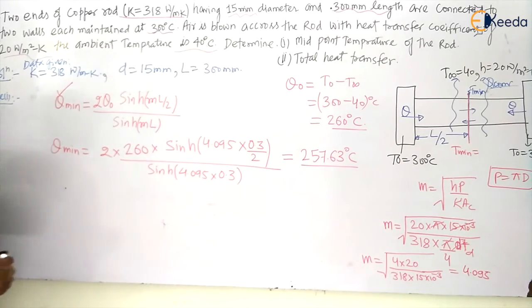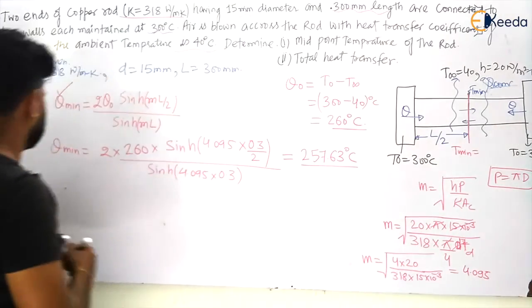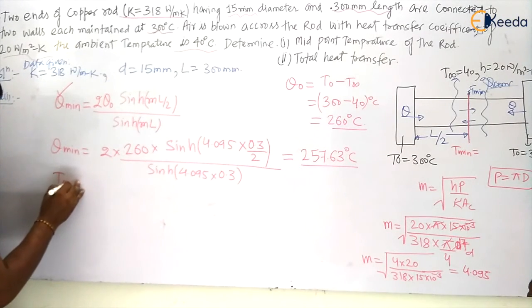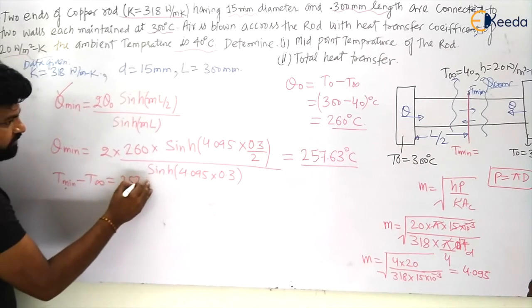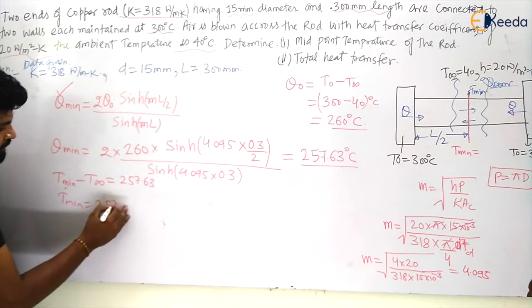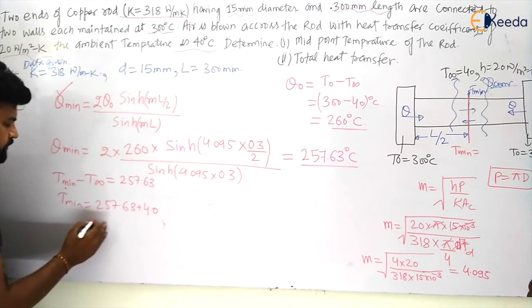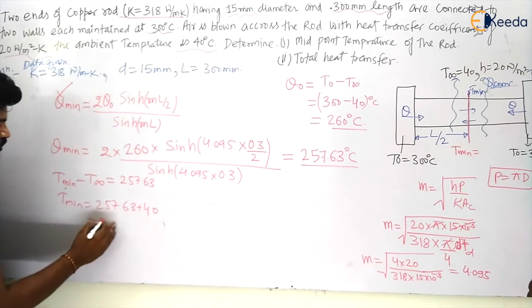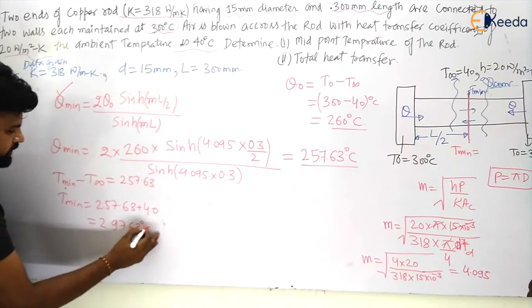So what will be the midpoint temperature? Let us see. This will be nothing but theta minimum, T minimum minus T infinite, is equal to 257.63. So this T minimum will become 257.63 plus 40, so this will become 297.63 degrees Celsius.